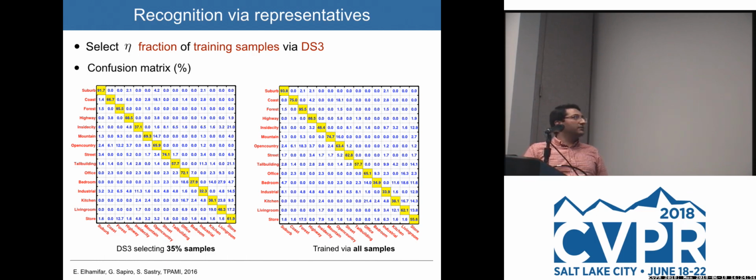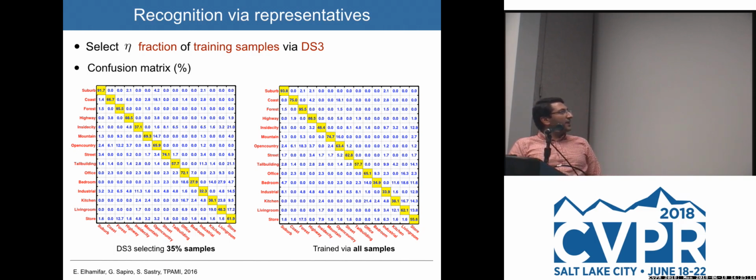And that's exactly what we are doing here. So we are training a recognition system using all training samples versus selecting roughly 1/3 of the data set. And then we are computing the classification performance on this reduced training data set.